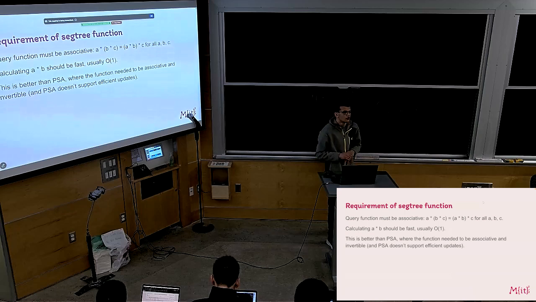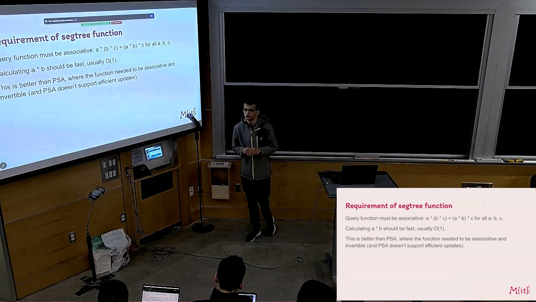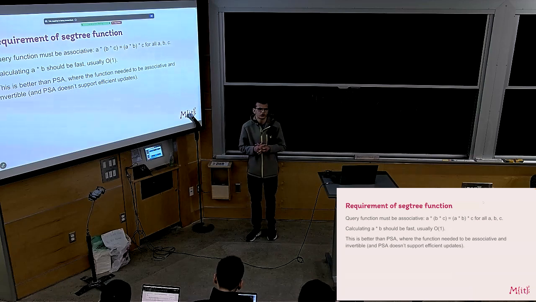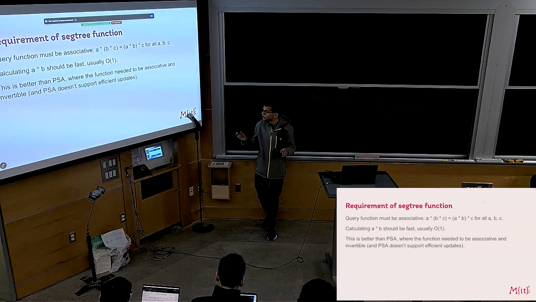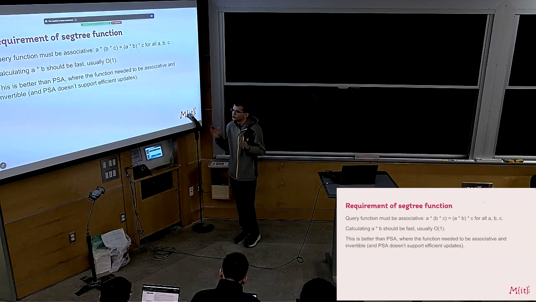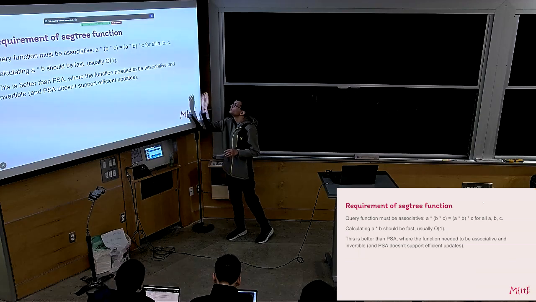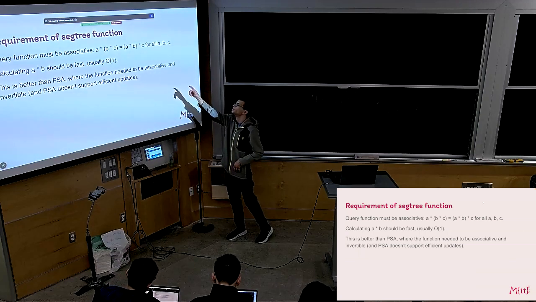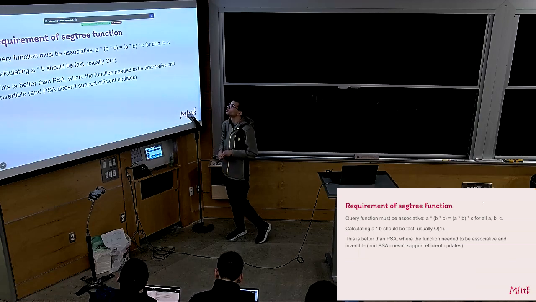Now, a segment tree, fortunately, is a lot more general than a prefix sum array because there are a lot fewer requirements on what functions it supports. Really, the only property that a function must satisfy is that it has to be associative. That basically means that you can rearrange parentheses in an expression involving the function however you want.